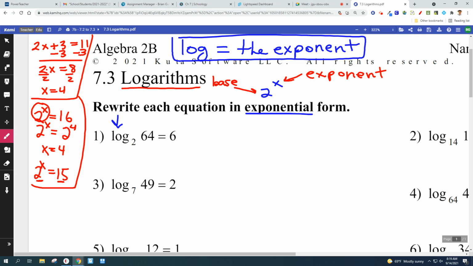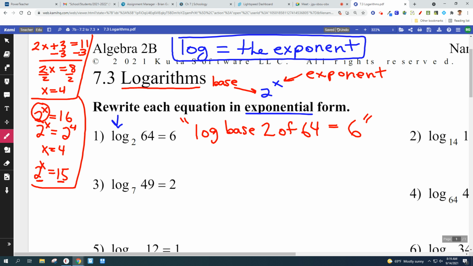So how you read a logarithm, you read this problem as log base 2 of 64 equals 6. All right, so that's how you read it. Log base 2 of 64 equals 6. And you don't necessarily need to write that down, but that's how you read it.